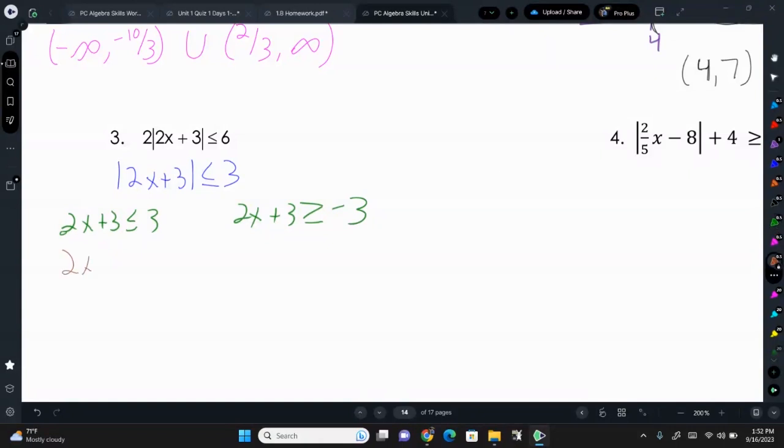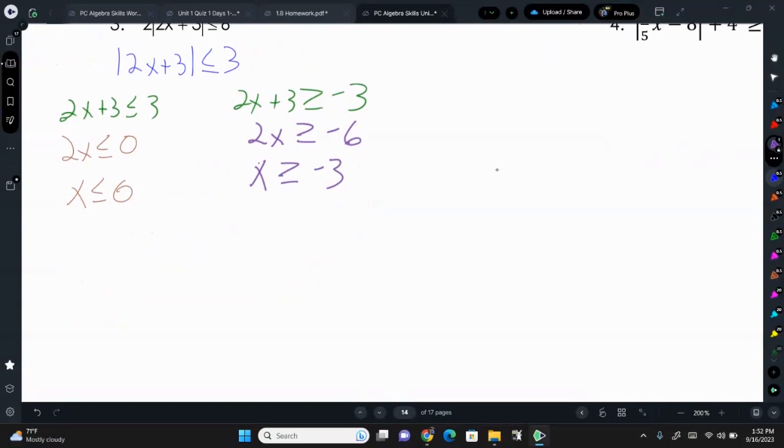So we have 2x is less than or equal to 0 once we subtract 3 from both sides. X is less than or equal to 0. And then over here we have 2x is greater than or equal to negative 6 when we subtract 3 from both sides. And that gives us x is greater than or equal to negative 3. So we're going to draw our graph.